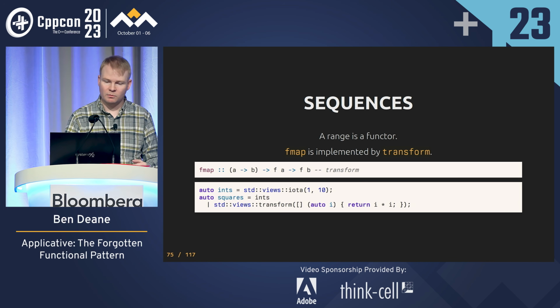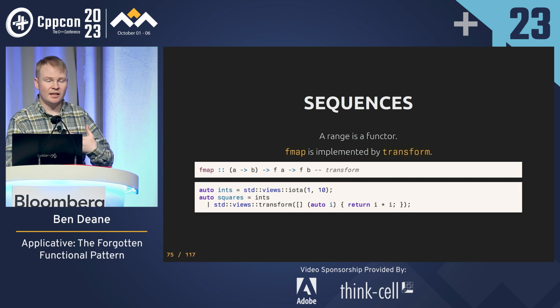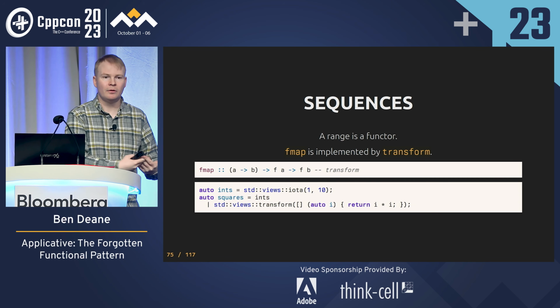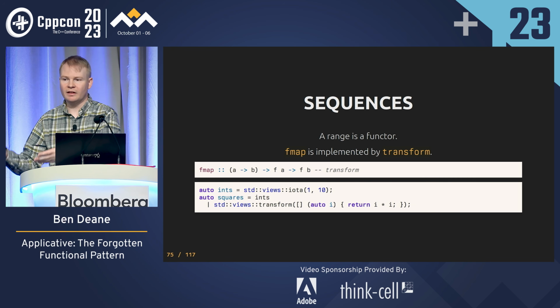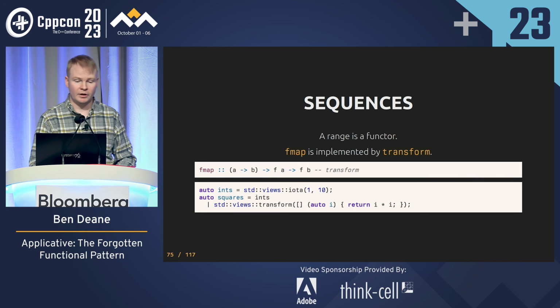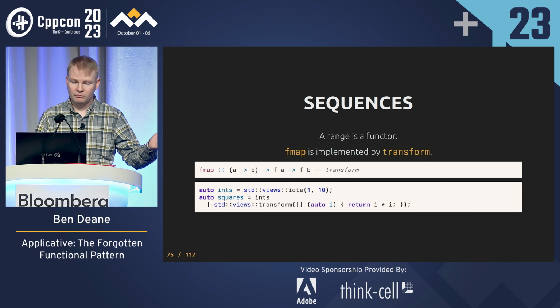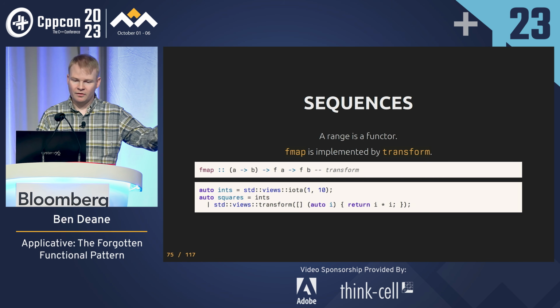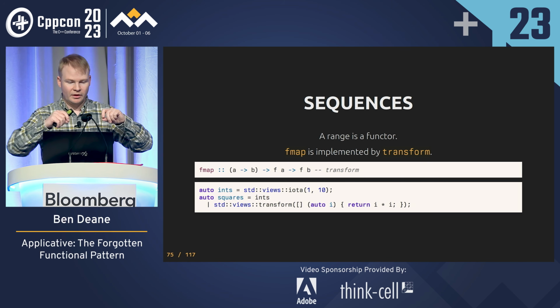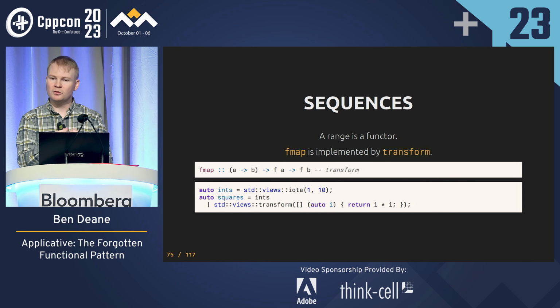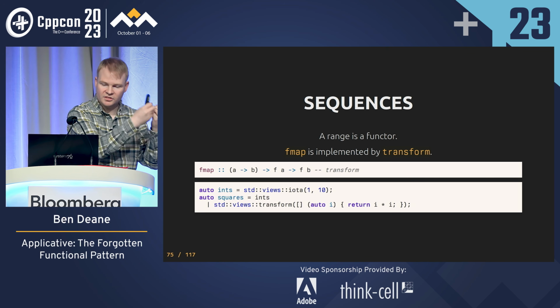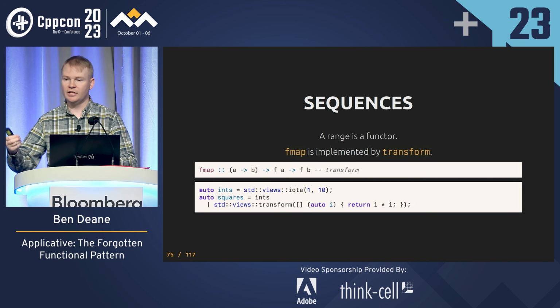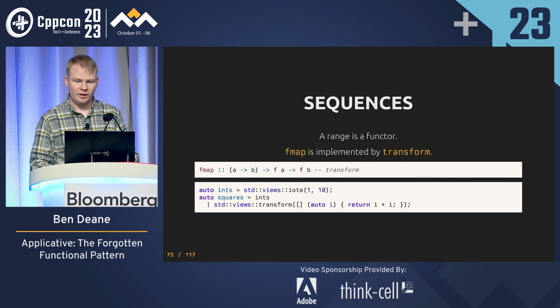We've had transform since C++98. That's basically the implementation of fmap, where the functor is the vector or the array or the range in general, right? So here we have a bunch of ints, and we're fmapping the square function into the range, and we get a range of squares, right?